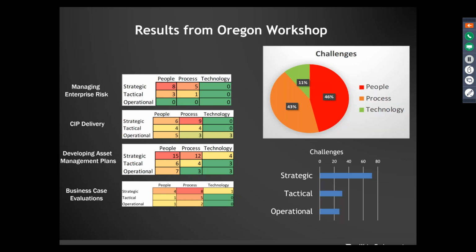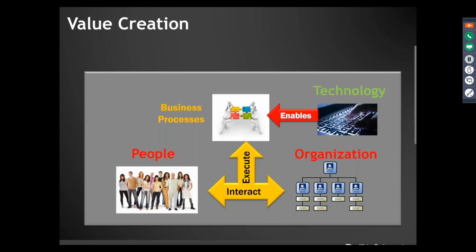Only 11% of the challenges were related to technology. And we know that still maybe sometimes the first impulse when we face the challenges is to look for some shiny object that can solve the problem. So the distribution of challenges was also skewed more towards the strategic aspects and issues rather than tactical or operational.